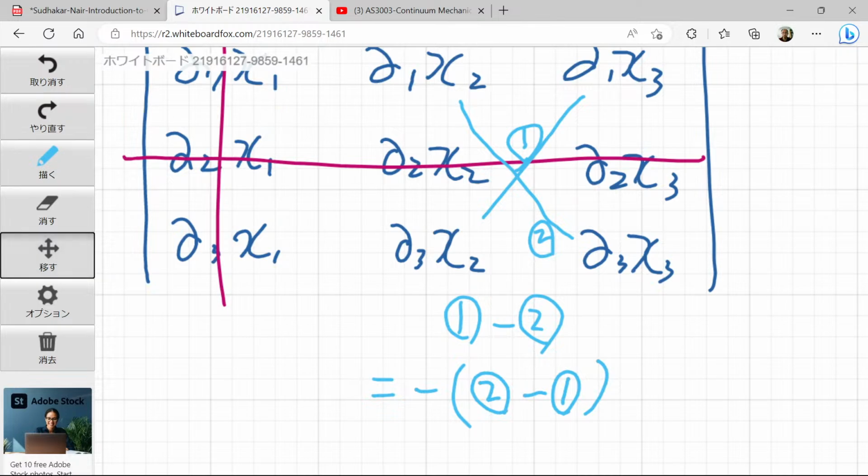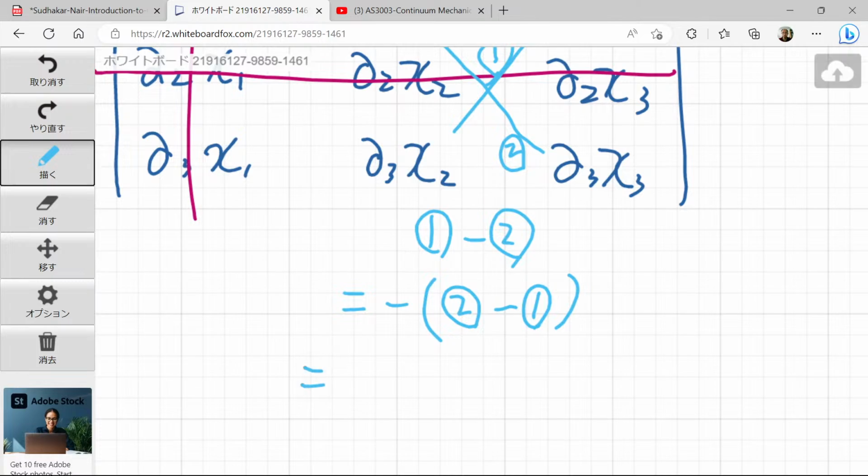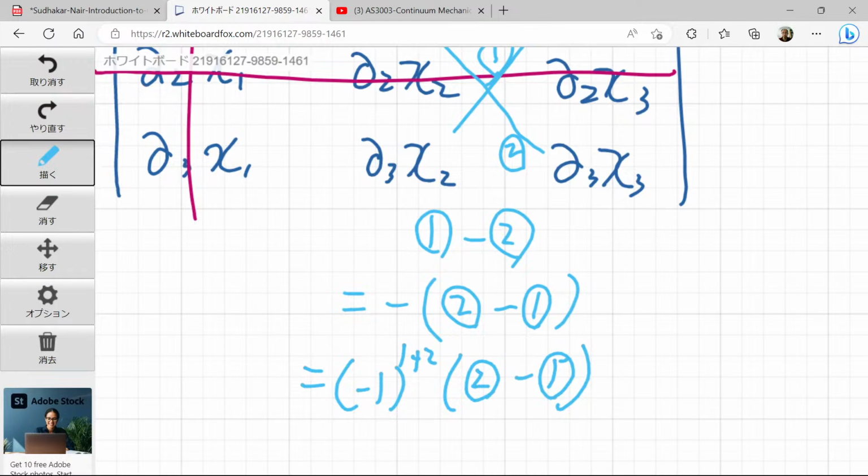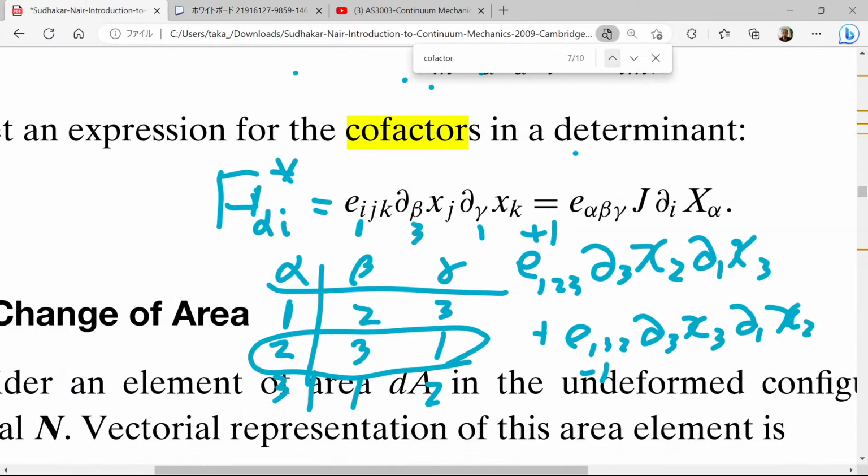And this minus actually comes from minus 1 to the power 1 plus 2, 2 minus 1. So this is exactly cofactor. This is a cofactor to 1. Okay, okay. I think this makes sense.